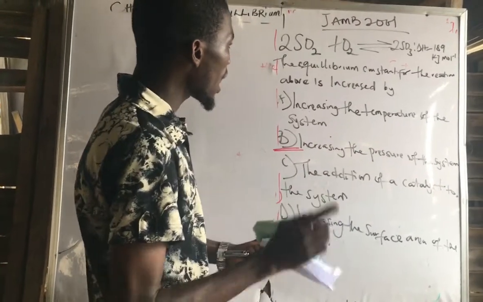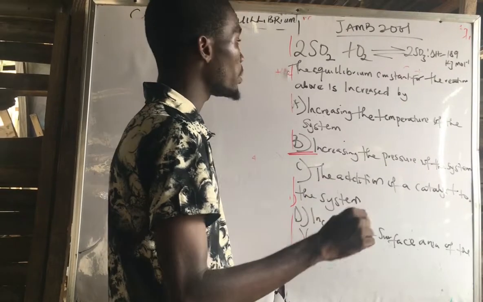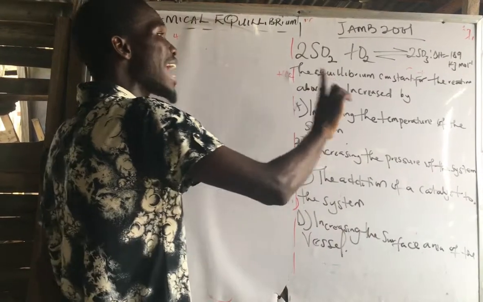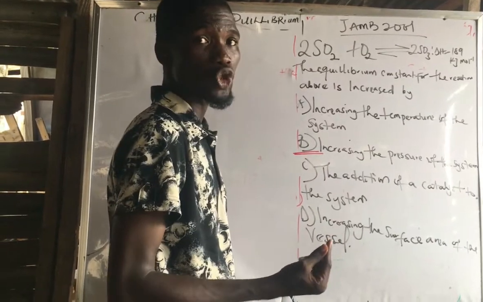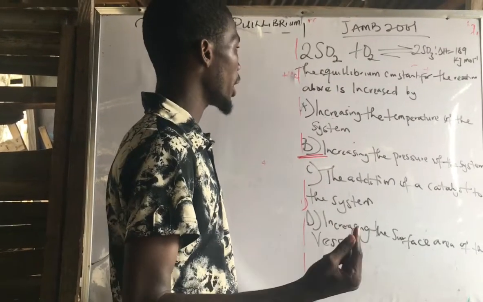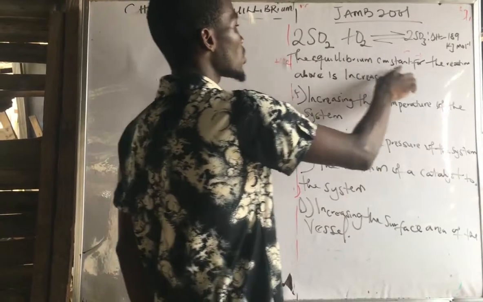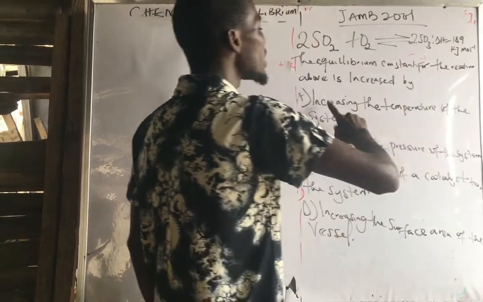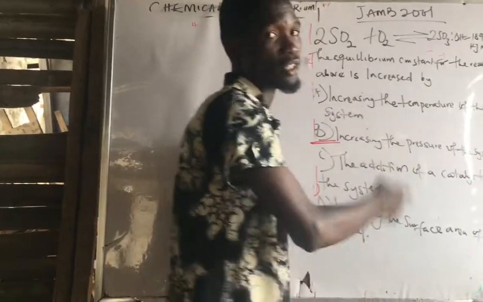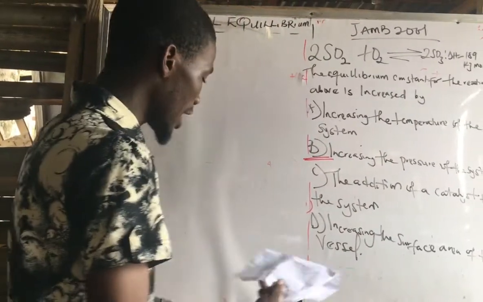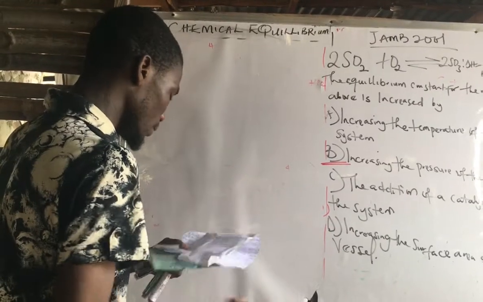Because when I was explaining the change in pressure, I said the one with less number of moles of volume gives rise to an increase in what? Pressure. So they said the equilibrium constant for the reaction above is increased by increasing the pressure of the system. So that's the answer.